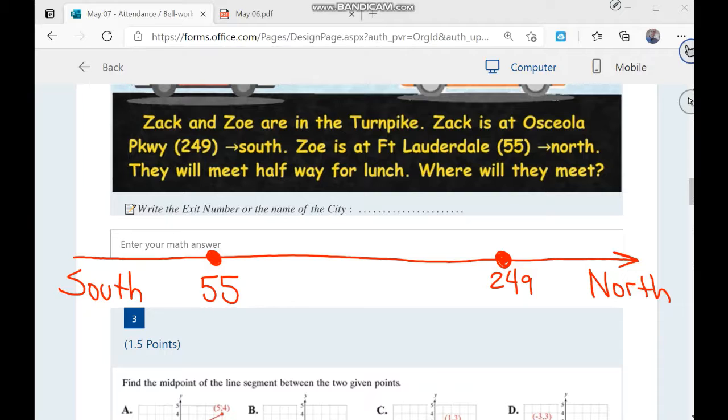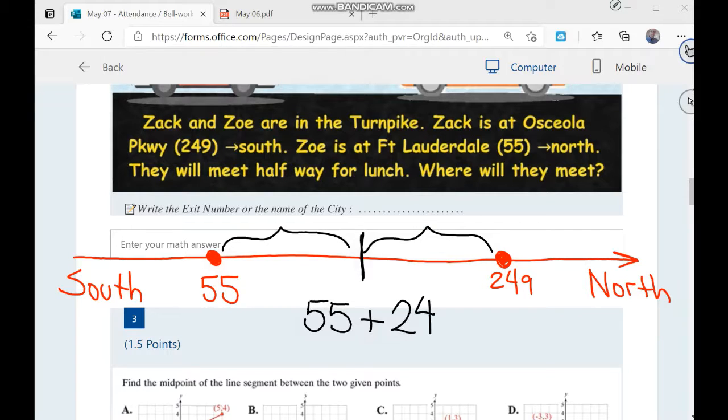I want to find the number that is exactly here in the middle. That means this distance is equal to that distance, okay? How can we find this number? We're going to apply the midpoint. The midpoint formula is 55 plus 249 divided by what?